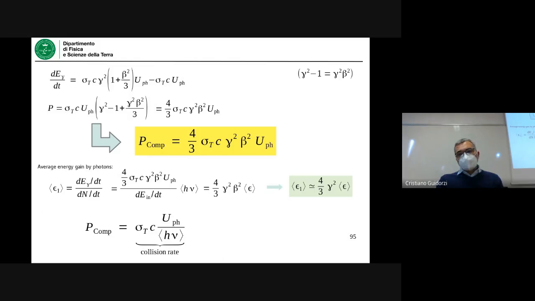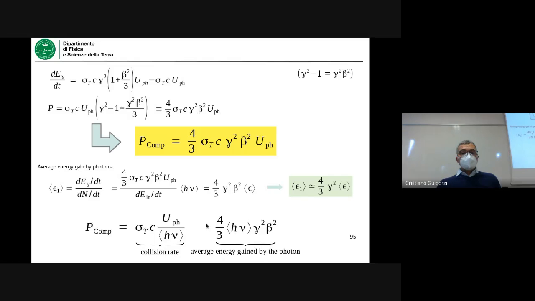Now, in the light of this result, we obtained two results. First, the total power lost by the electron due to inverse Compton, and second, the average energy gain felt by the photons. If you combine the two, you can rewrite the total power lost by the electron in a more meaningful way. Why? Look, this is the very same formula, where I multiplied and divided by the average energy of the photons before scattering.